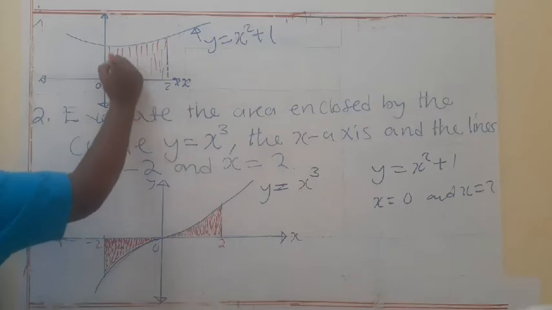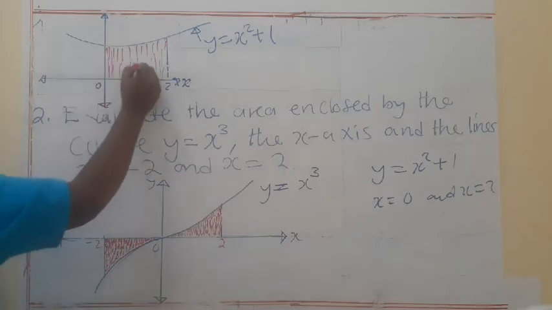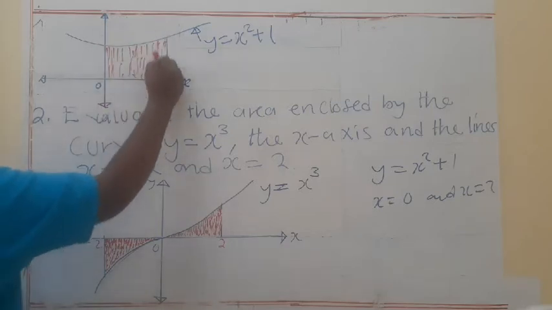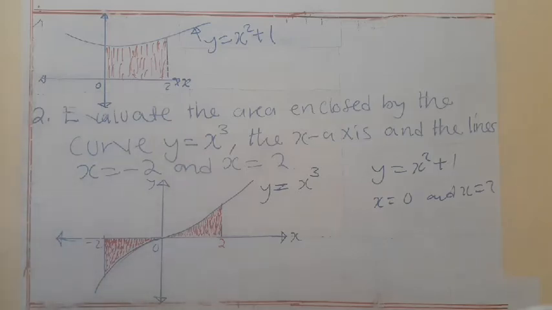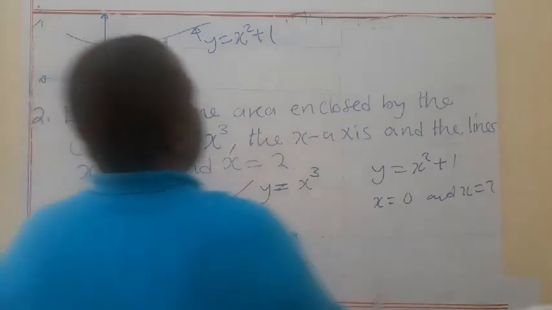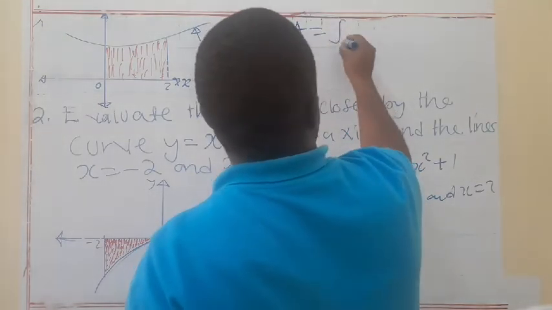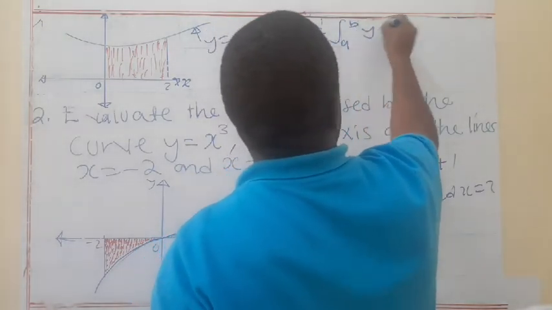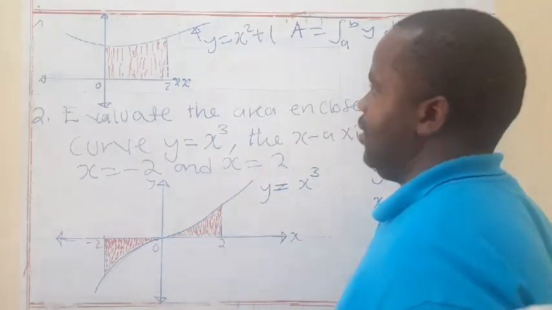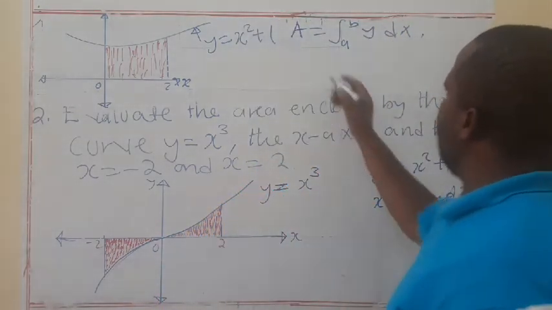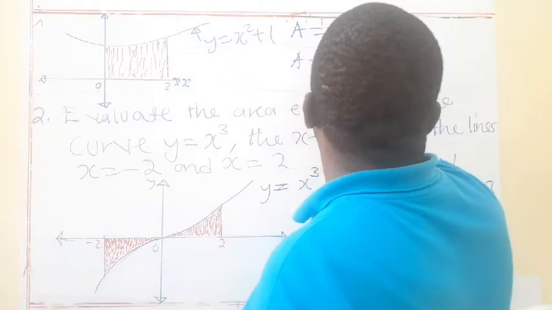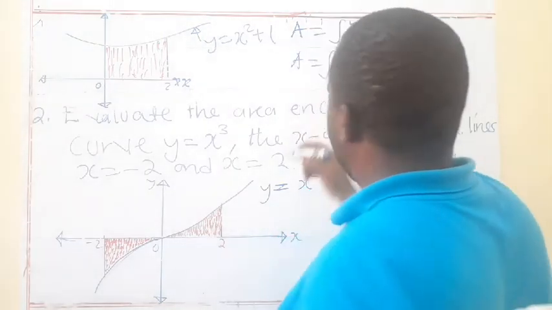Okay. So how do we get this area? From the definition, area is the integral from a to b of y with respect to x. So our area is going to be the integral. What is our a?